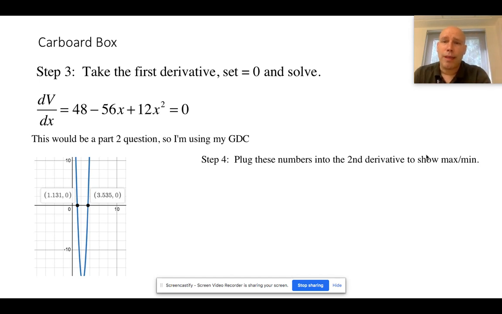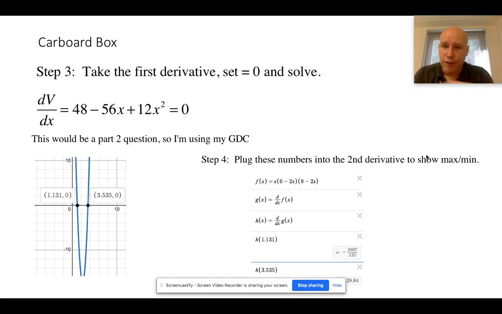Step 4, plug these numbers into the second derivative to find the max and the min. So you can see from my Desmos, the function was f of x. g of x is the derivative of f of x, and h of x is the derivative of g of x, which means h of x is the second derivative.